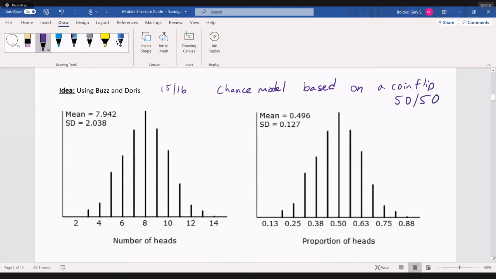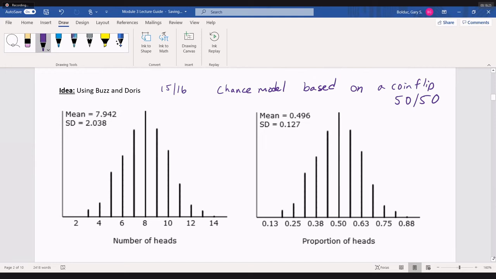We said, okay, Buzz and Doris are communicating, which is great, that's a possibility. Or they're not communicating. Well, if they're not, then Buzz has a 50% chance of getting the right thing. So once we held on to that, we said, okay, let's focus on that. What should it look like to do 16 simulations, 16 coin flips? What should it look like for Buzz and Doris to do their experiment 16 times if they're really just guessing? What should actually happen? And so that's what the chance model is.